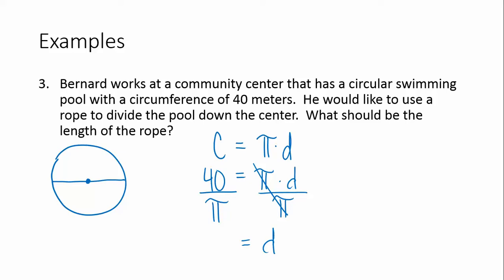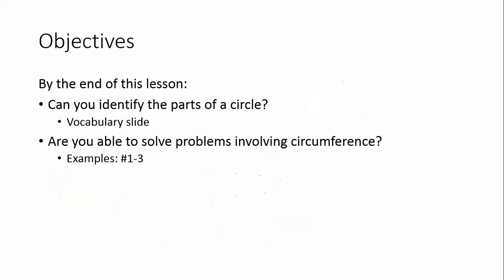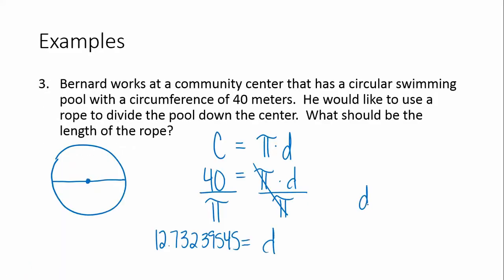In your calculator, 40 divided by pi gives 12.73239545. Let's round this one also to the nearest tenth, even though it doesn't say. So the diameter would be 12.7 meters, roughly. He could go to the hardware store and buy 13 meters of rope. He would know then that he would have enough rope.